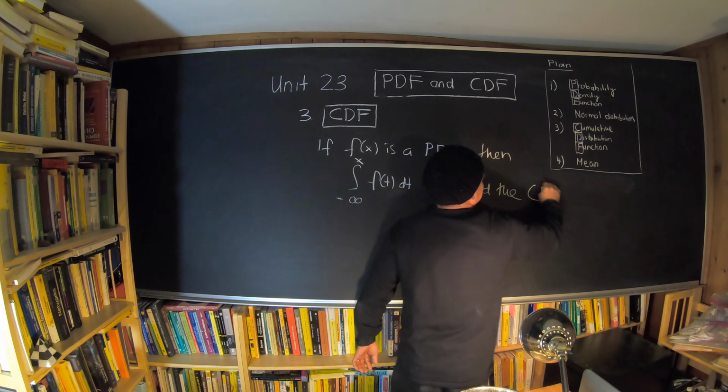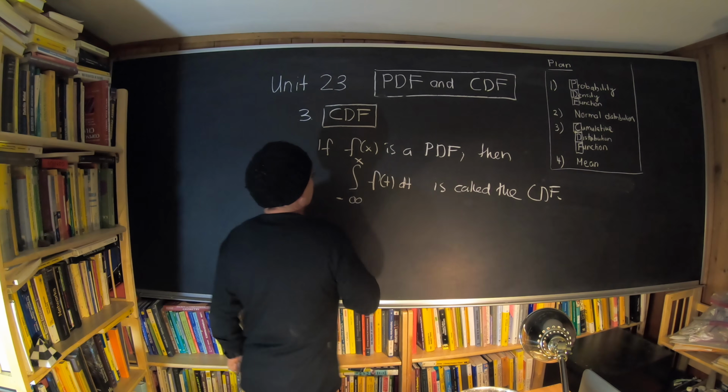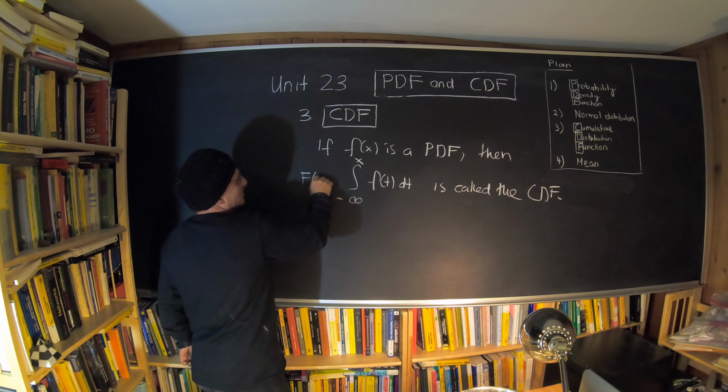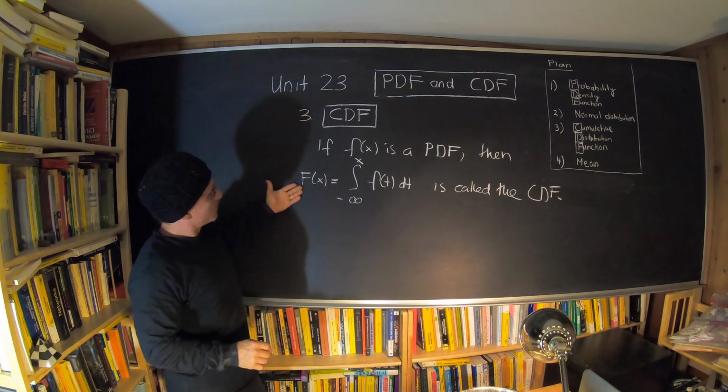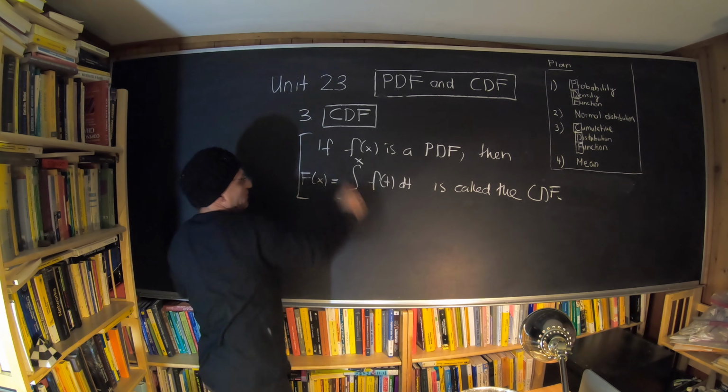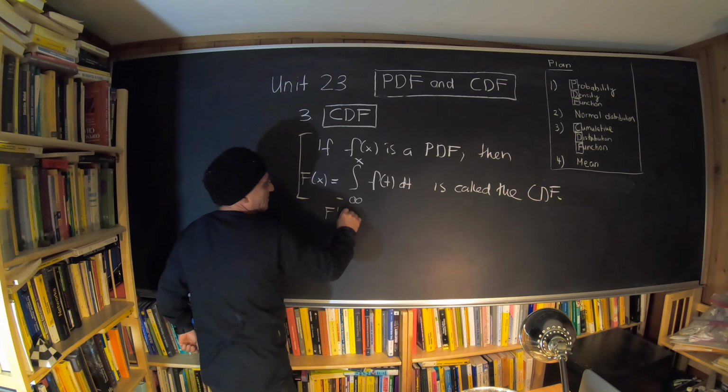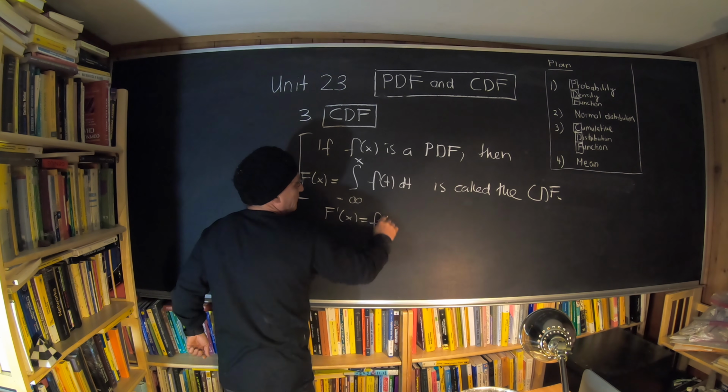The CDF, the cumulative distribution function, let's call it with a capital F, like it's an antiderivative. So what happens is F prime is equal to f of x.